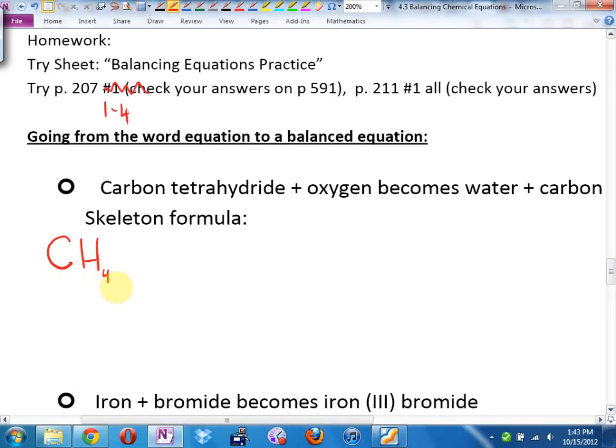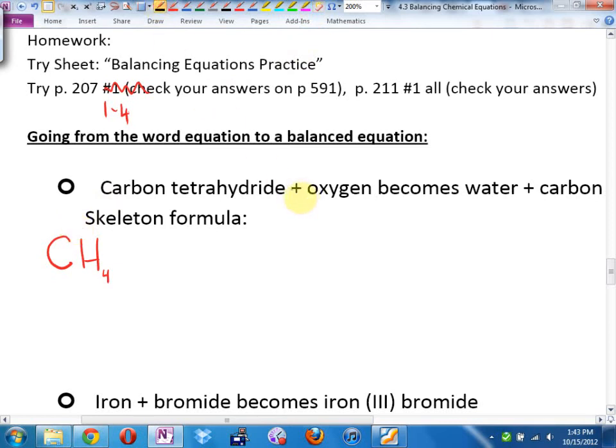Double check, does that formula by itself satisfy the crisscross rule? Well, hydrogen has a charge of 4 negative. Carbon has a charge of 4 negatives. Each hydrogen has an atom to give. Yeah, this is a legal covalent compound.